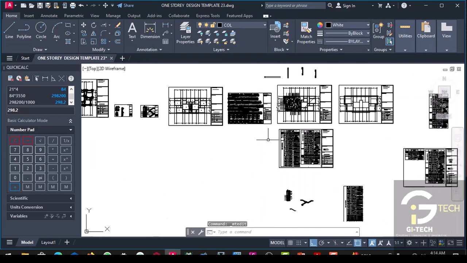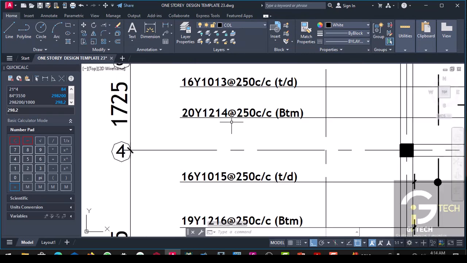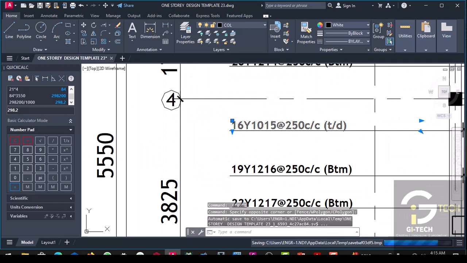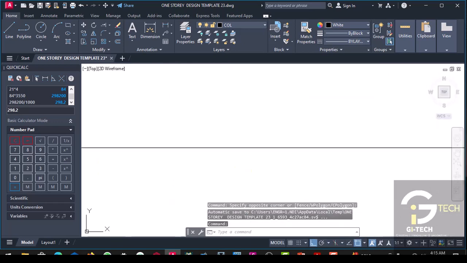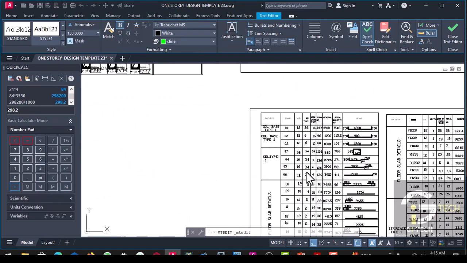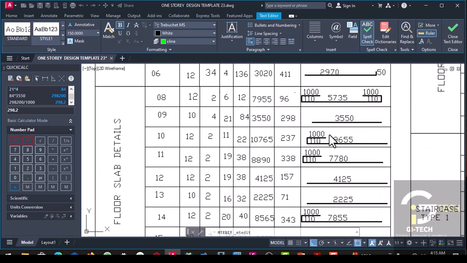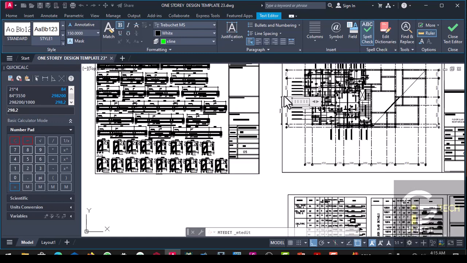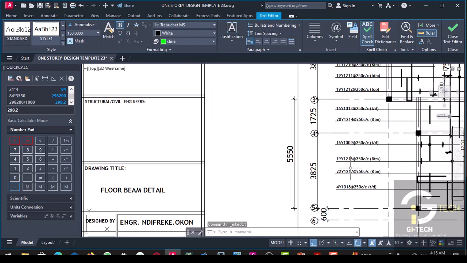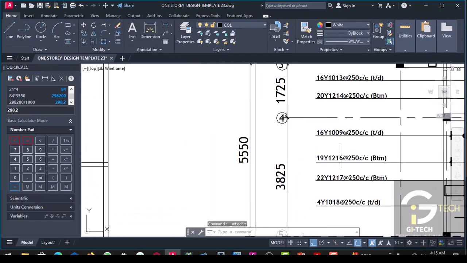Okay, so here the bar mark will change to 11. Let's go back and check. Okay, no, 9. Now the bar mark will change to 9.